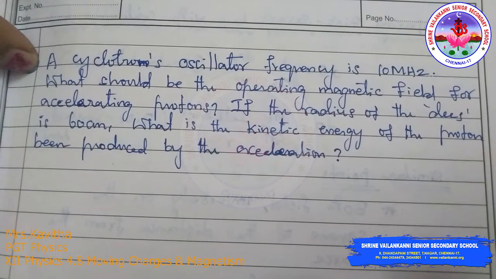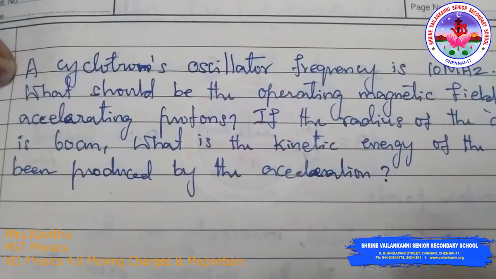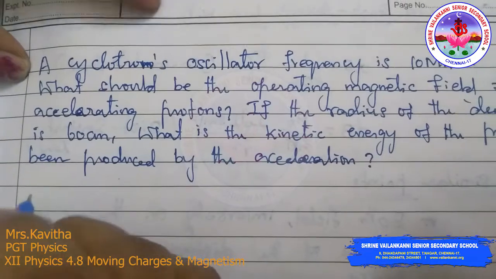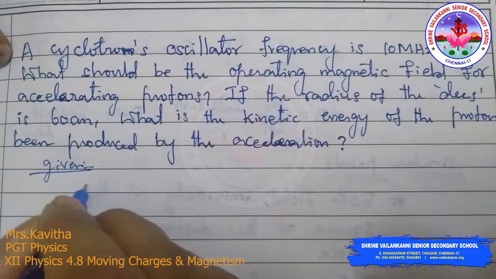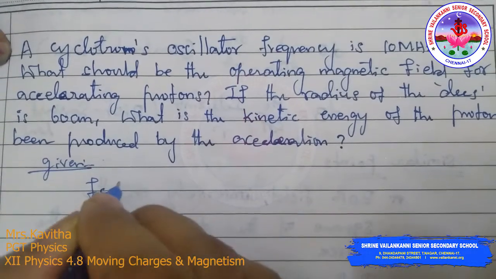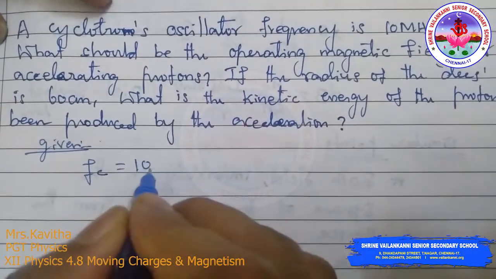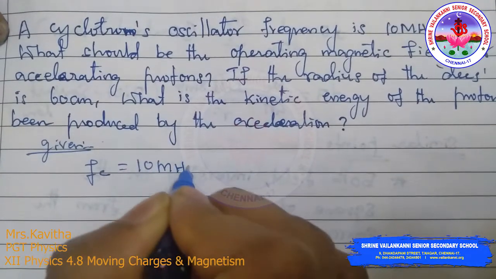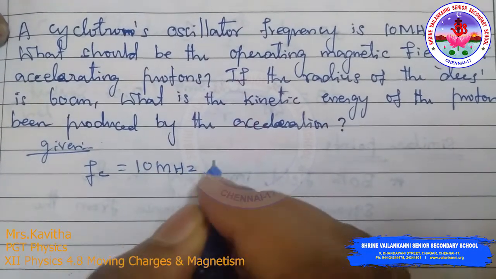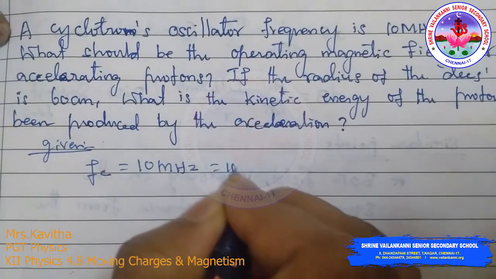Okay, so the given: the frequency, which is the oscillator frequency, they have given 10 megahertz. That means 10 power 7 hertz.